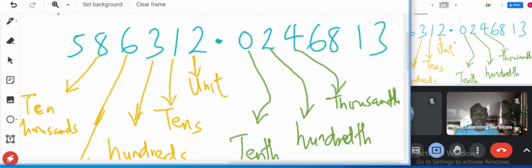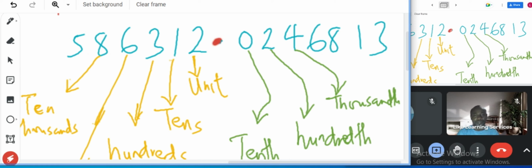You need to identify the place values. These two represent units. 1 is tens, 3 is hundreds, 6 is thousands, 8 is ten thousands, 5 will be hundred thousands, and so on.